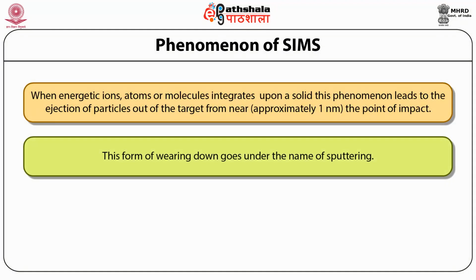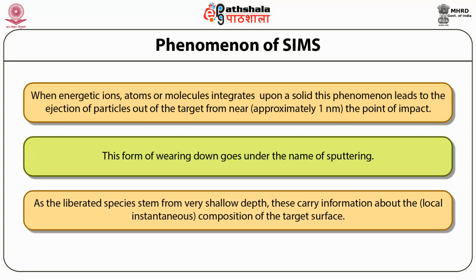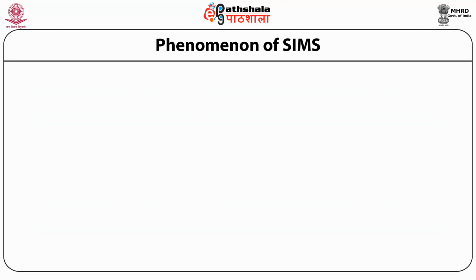This form of wearing down goes under the name of sputtering. As the liberated species stem from very shallow depth, they carry information about the local instantaneous composition of the target surface. This is the same principle of SIMS.